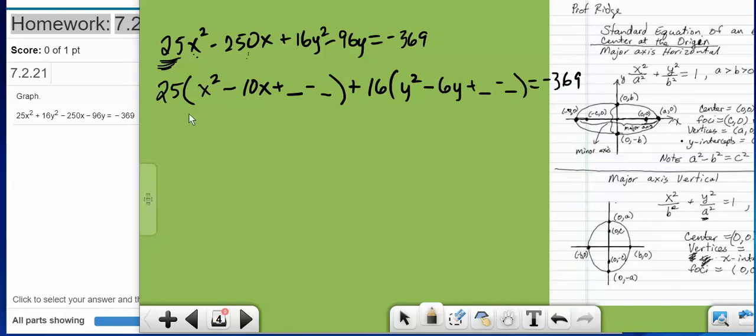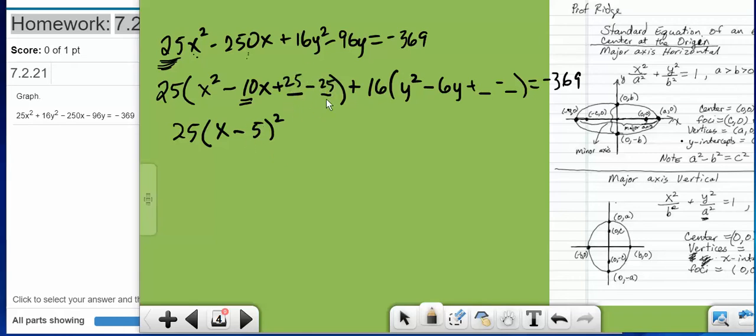All right, so here's the technique now. You take half the middle term still, so half of negative 10 is negative 5. Square it. So 5 squared is 25, so you just straight add it, subtract it.